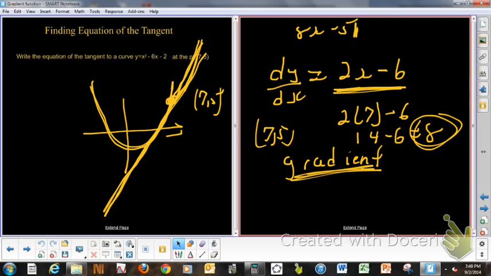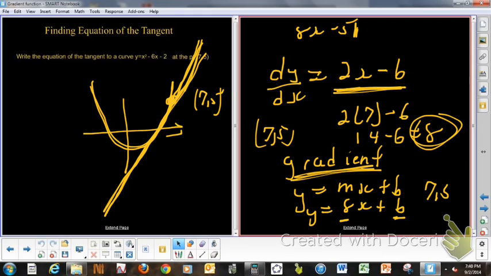Now remember, the tangent is a straight line, so it takes this basic form. Well, I know this much of it right now. I know it has a gradient of 8. I need the y-intercept. How do I get the y-intercept? Simply use that point that you know and stick it in.